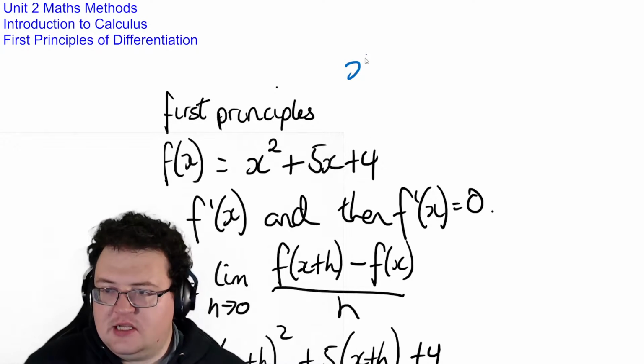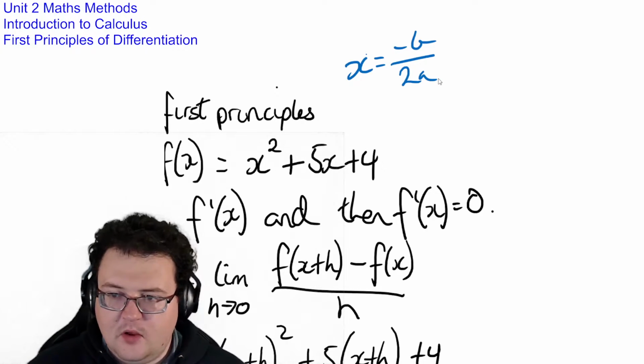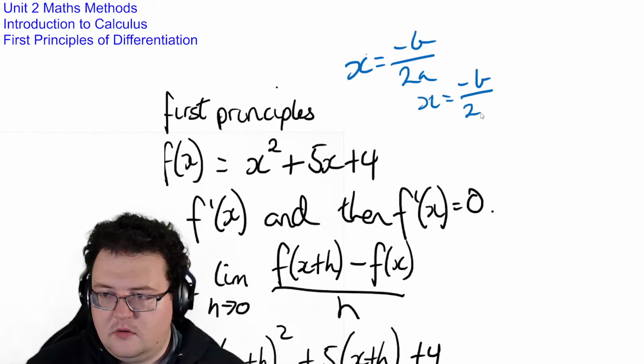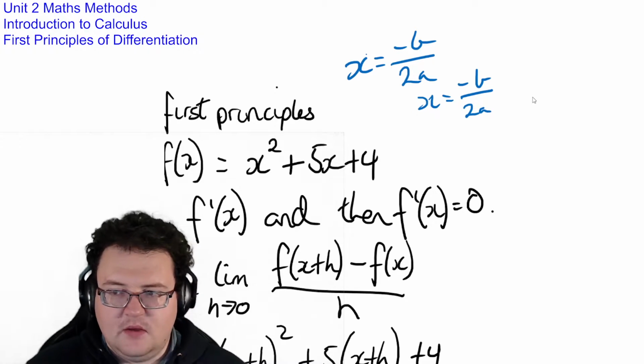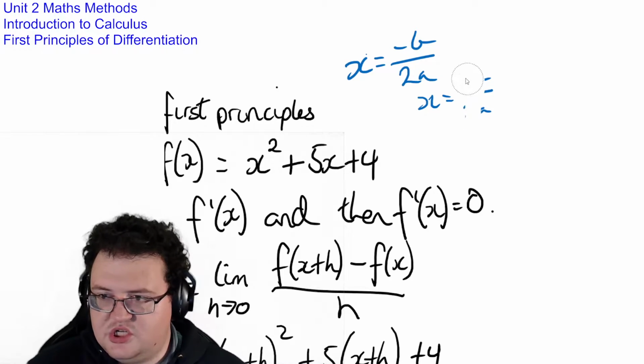And that was x equals negative b over 2a. Well, if I look here, b is 5, a is 1, so x equals negative b over 2a, which is negative 5 over 2. Which is what I got before.